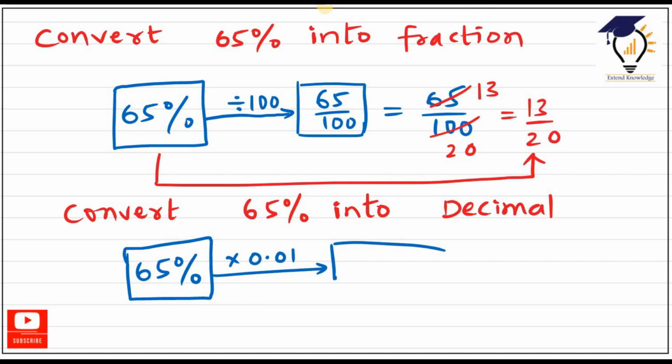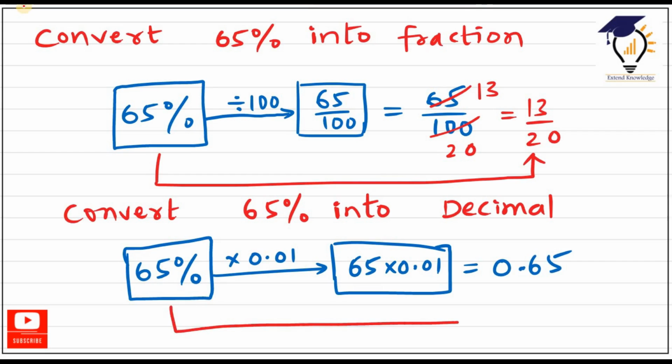So remove the percentage symbol and then multiply with 0.01, which is equal to 0.65. This is how 65% can be converted into a decimal form. It is easy to remember. Dividing with 100 gives a fraction form. Multiplying with the decimal number 0.01 will give a decimal form.